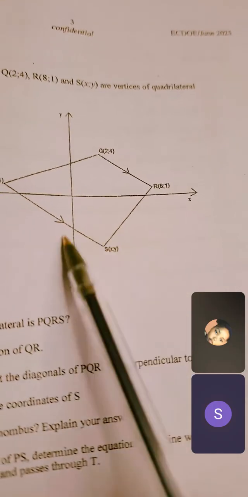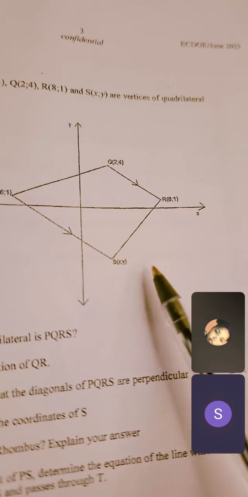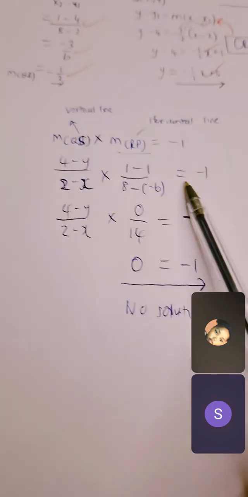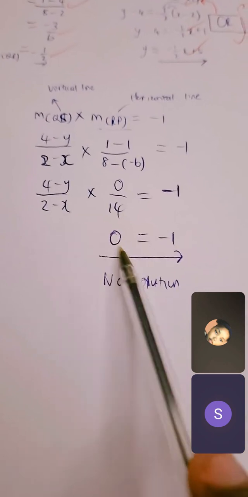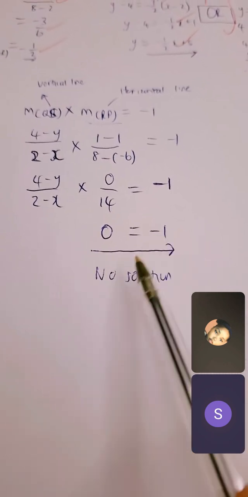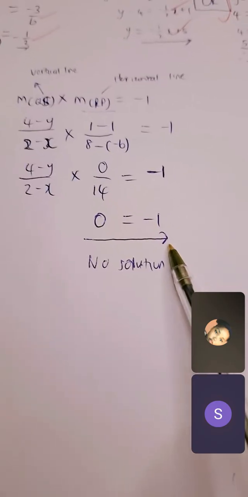And this is what I wanted to reveal by this question. Let me tell you this, if you applied this and got to a place where you're getting 0 is equal to -1, of course what this means is that there is no solution.